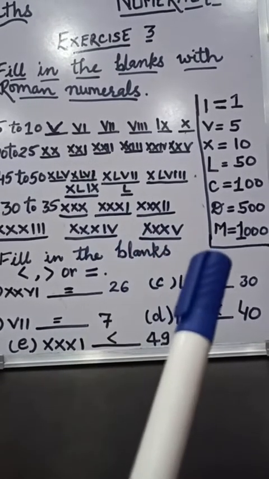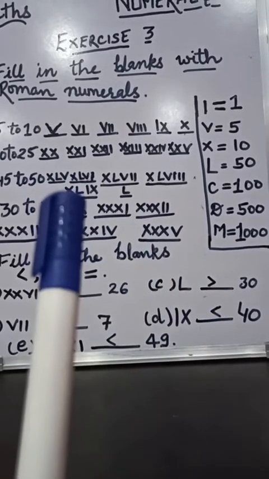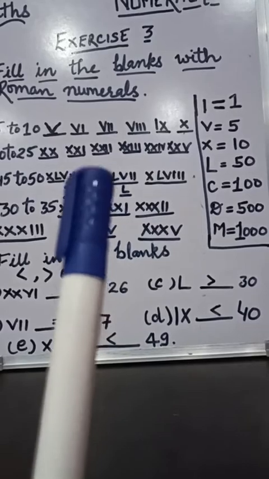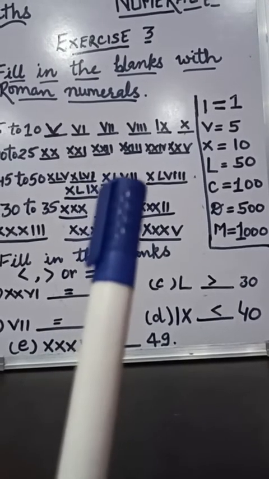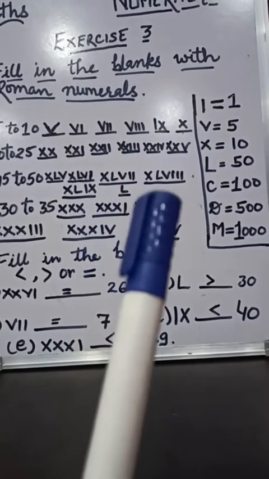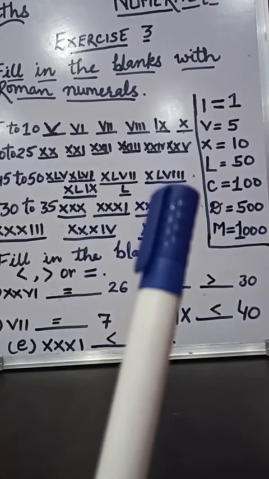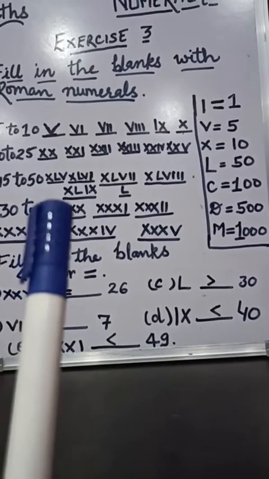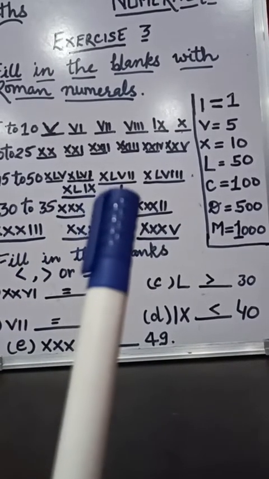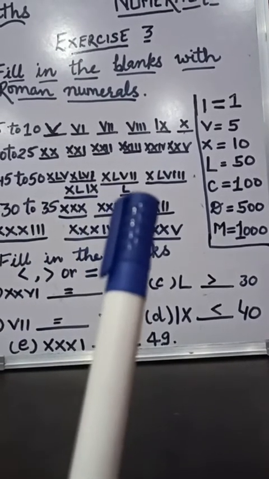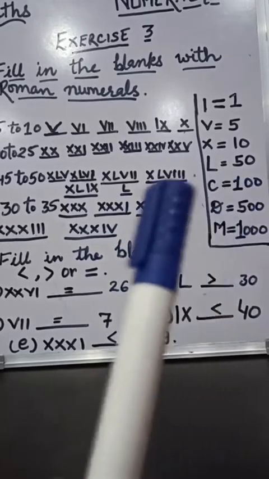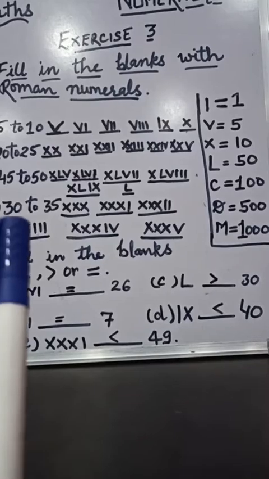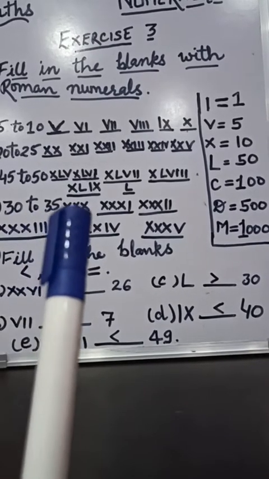XL. Okay. So 45, then 46, XLVI, then 47, XLVII, then 48, XLVIII, then 49, XLIX, and then 50 means L. Clear all of you?